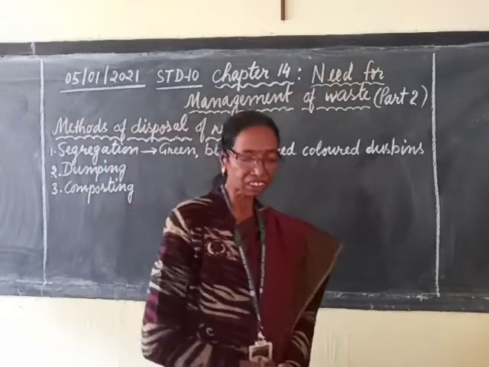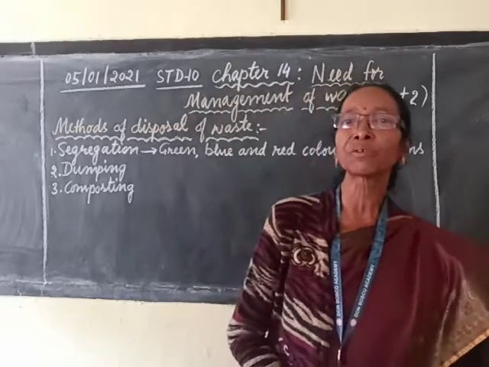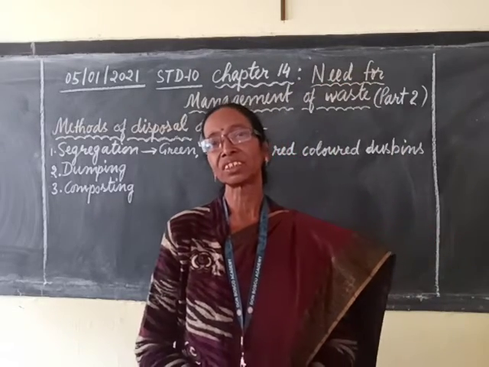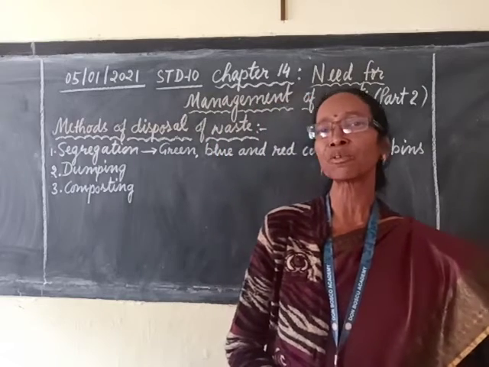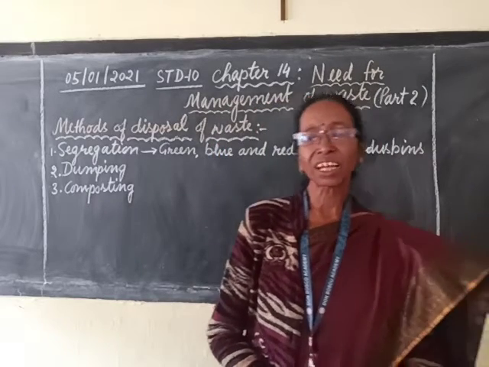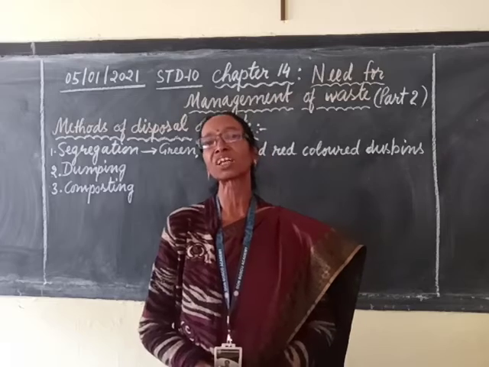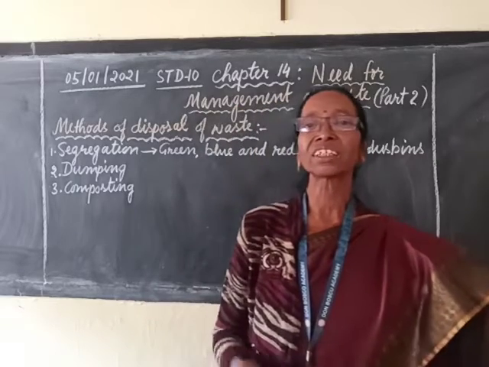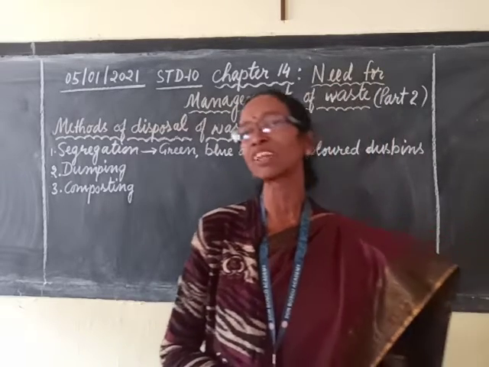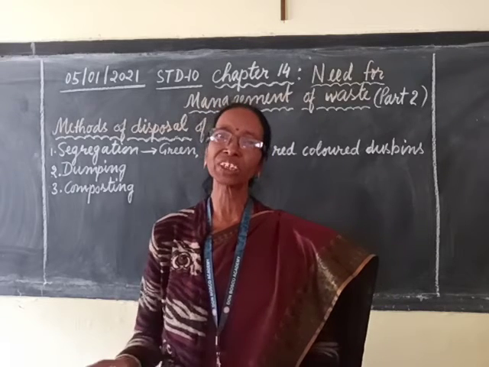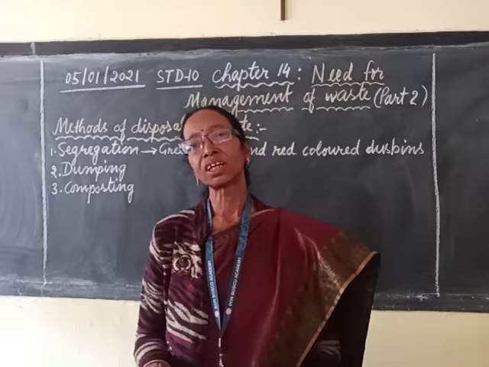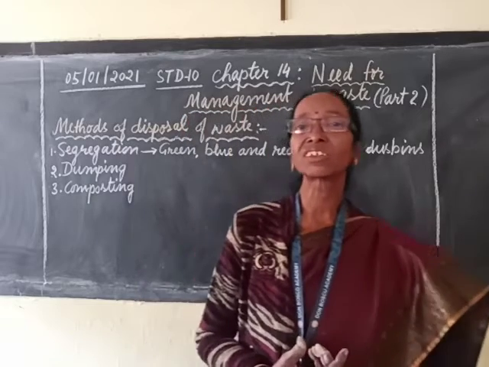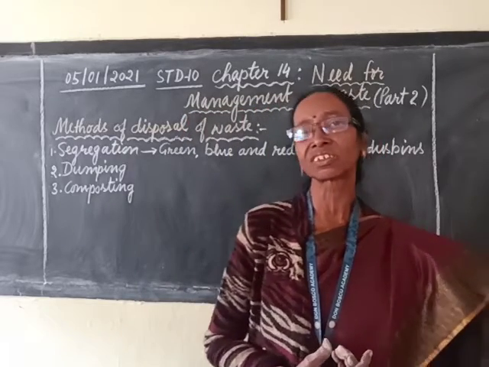The waste material should be put in different color dustbins. This is the good way to separate different types of waste. There are some solid waste which are biodegradable, and there are some waste which are non-biodegradable, and some waste also causes infectious diseases.